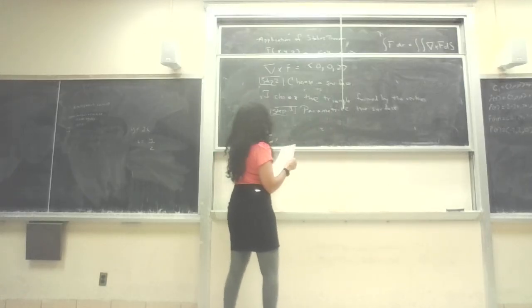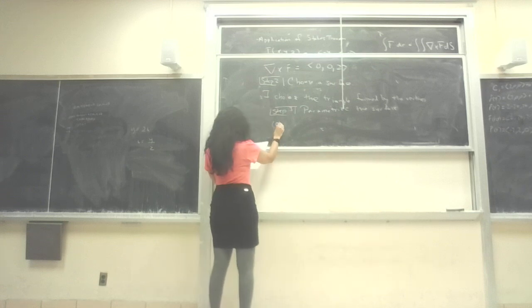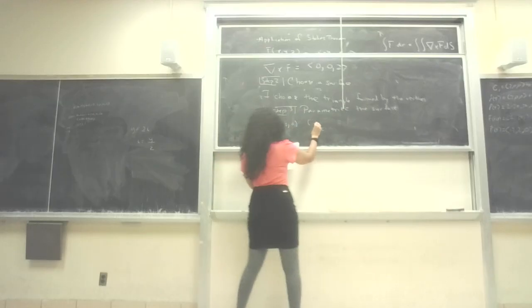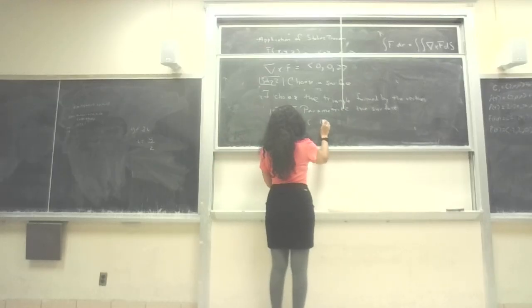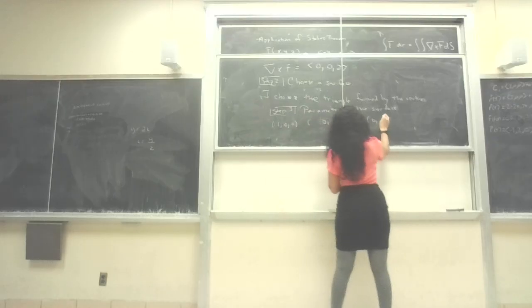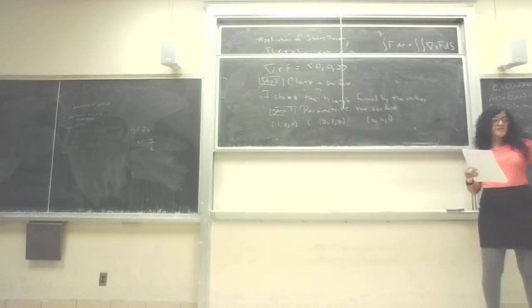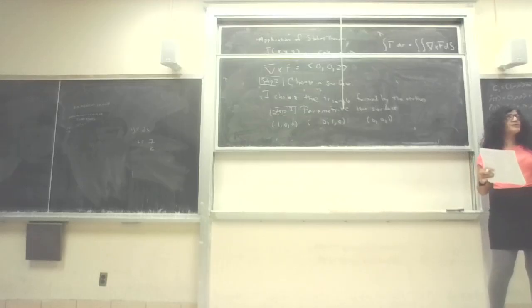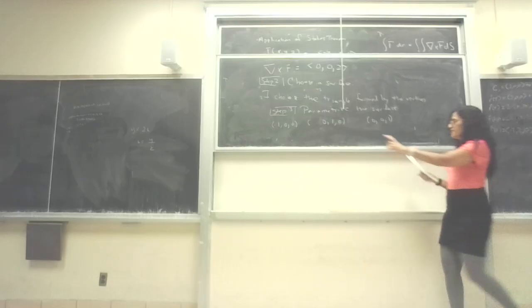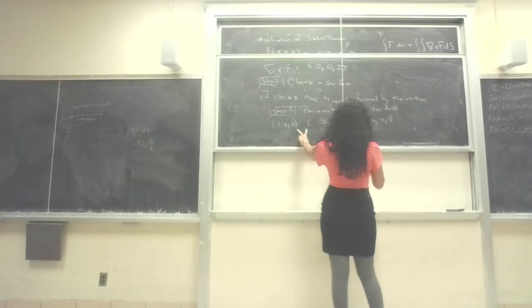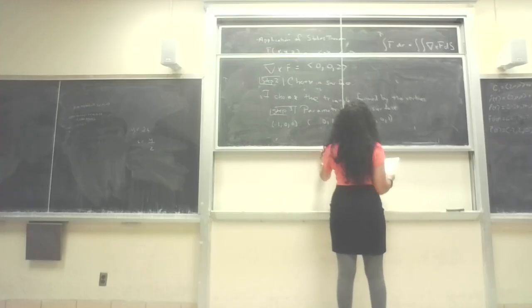You have 3 points on this triangle. You have 0, 1, 0, then you have 1, 0, 0, and then you have 0, 0, 1. Those are the vertices. You have two direction vectors. You first form the direction vector with these two points, and so your formula looks like this.